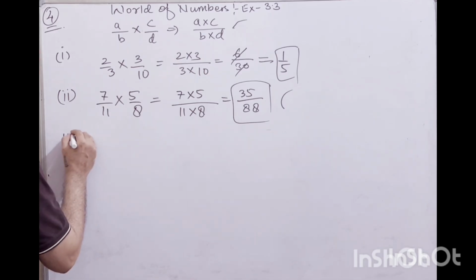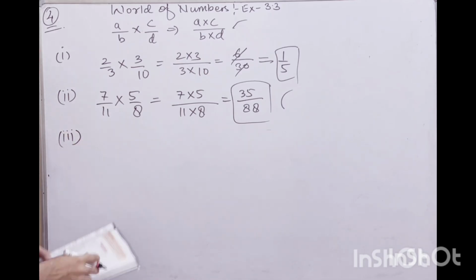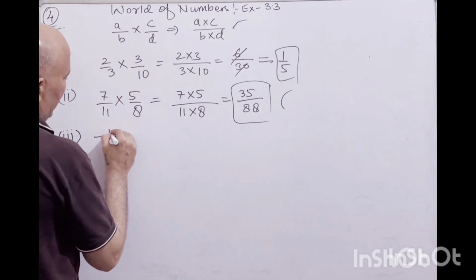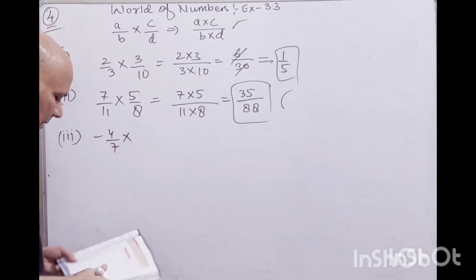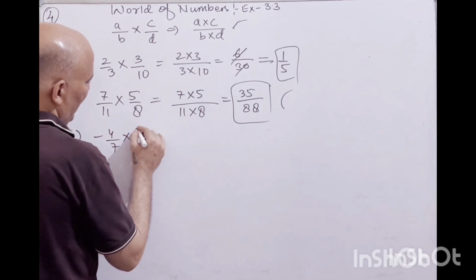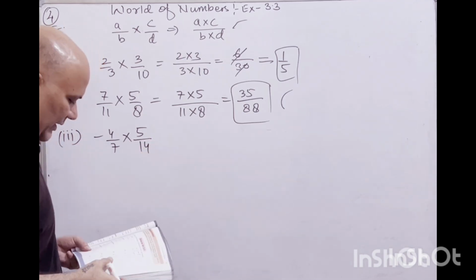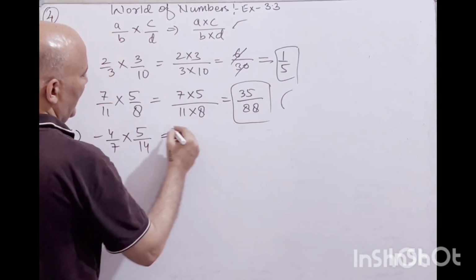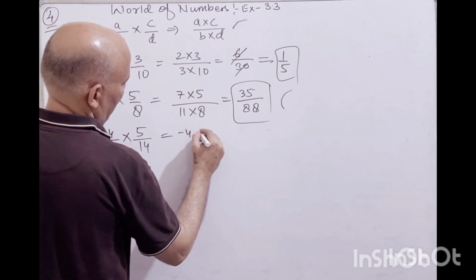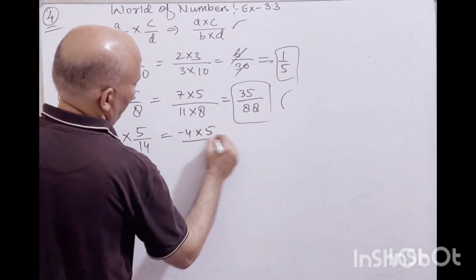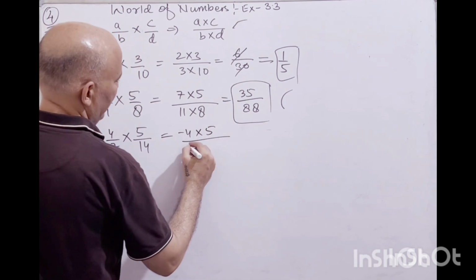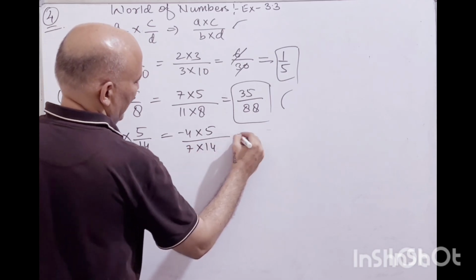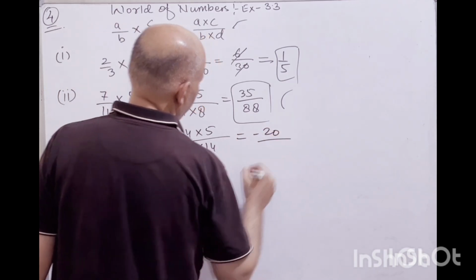Third one is minus 4 upon 7 multiplied by 5 upon 14. So the numerator is minus 4 multiplied by 5, and the denominator is 7 multiplied by 14, so this becomes minus 20 upon 98.